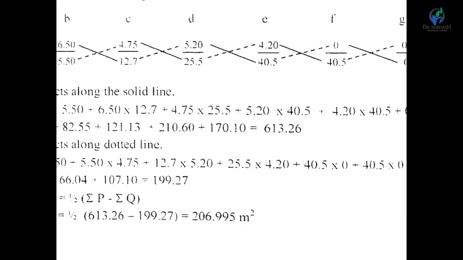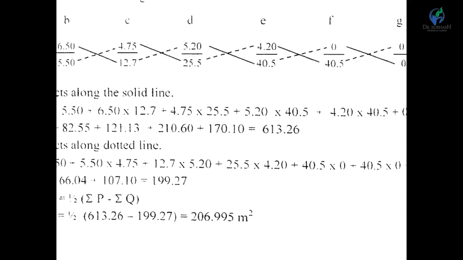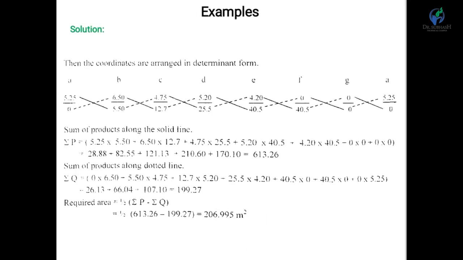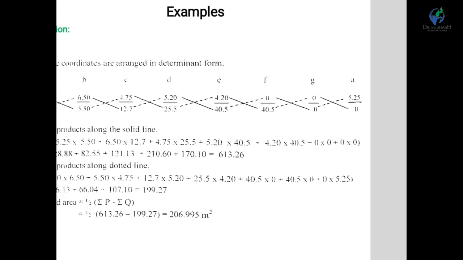Next is the sum of the products along the dotted line. That is the same procedure as sigma p. Next, the required area is equal to 1/2 of sigma p minus sigma q. So we can get the area using the coordinate method.